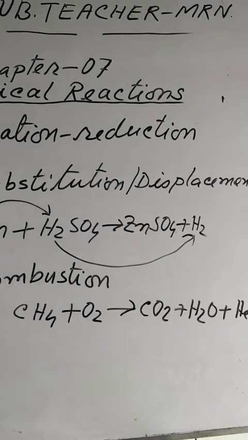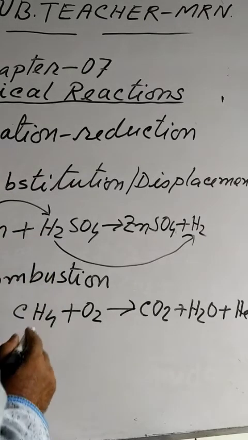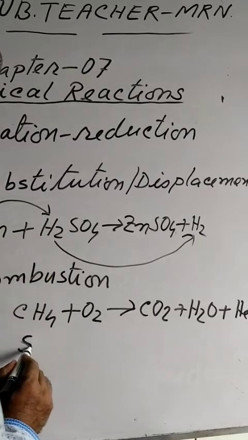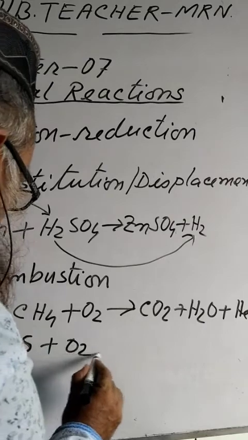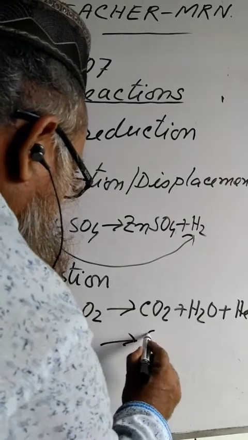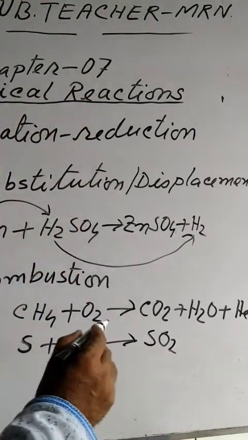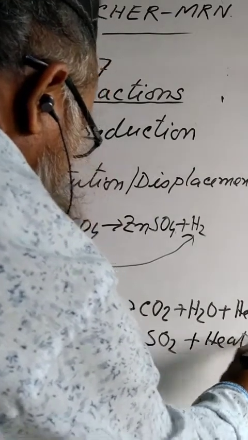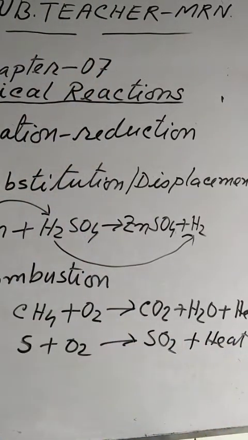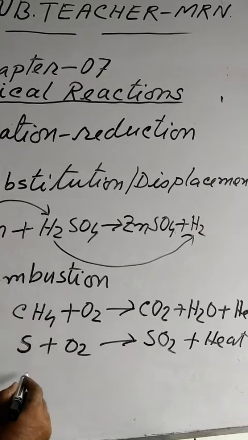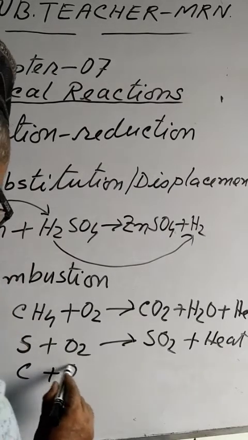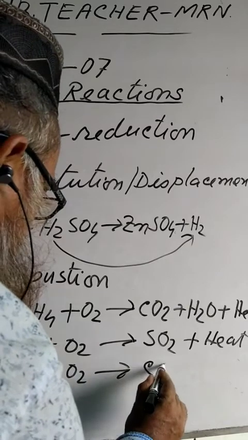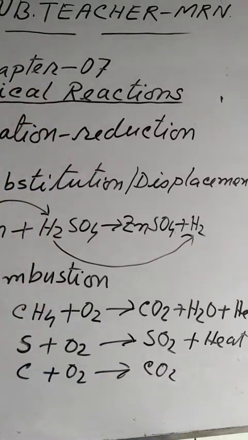Other examples can be given. The reaction in which oxygen reacts: sulfur is burned with oxygen and produces sulfur dioxide plus heat. In each case, heat is produced. Another one, carbon is burned and produces carbon dioxide plus heat.